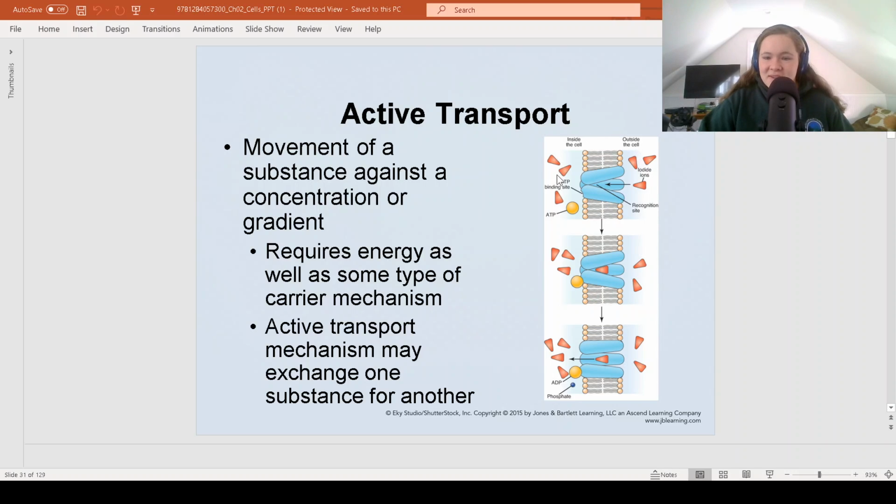There is a lot going on here. You need energy. You have the binding site, ATP. ATP binds with the binding site. The recognition site will recognize the iodide ion. Once it recognizes, it will then discharge that ADP.